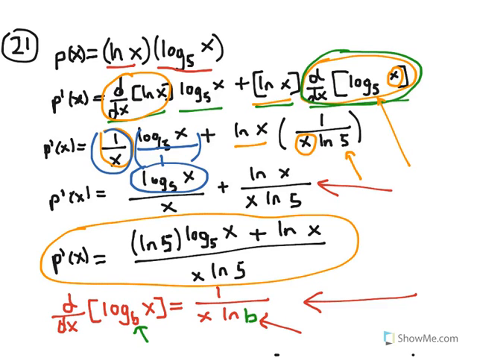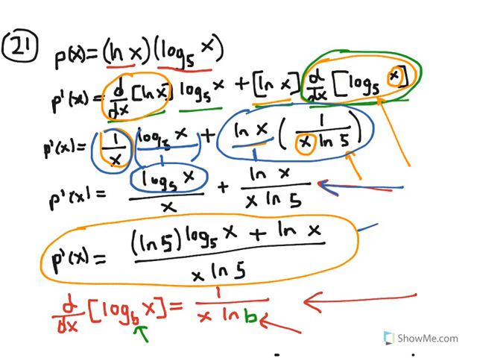You multiply the denominators and get x. In the second term here, you multiply natural log of x and the second fraction. So natural log of x is natural log of x over 1. When you multiply it to the second fraction, you get natural log of x over x times natural log of 5.